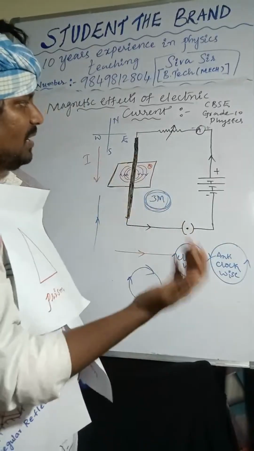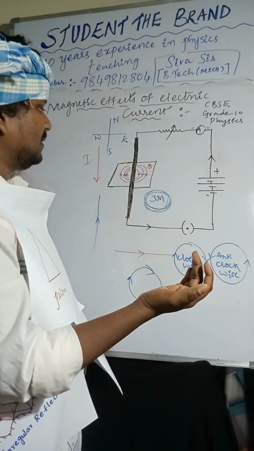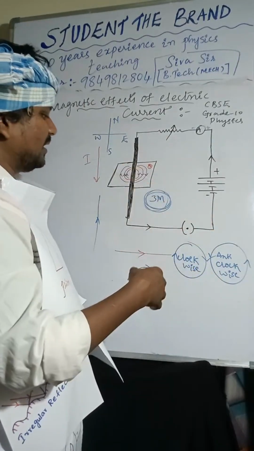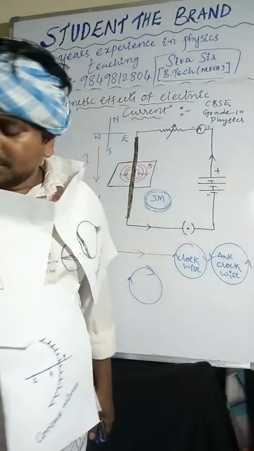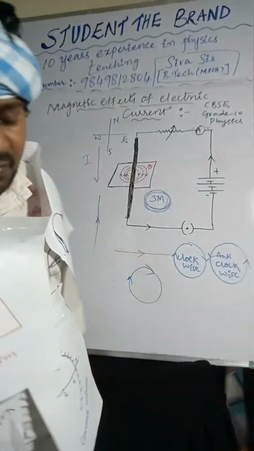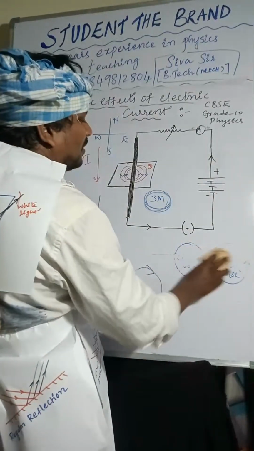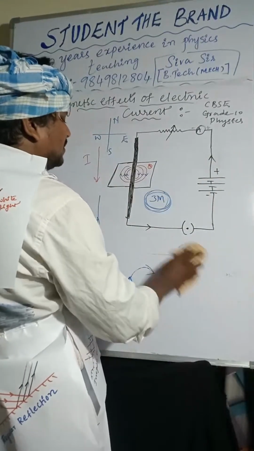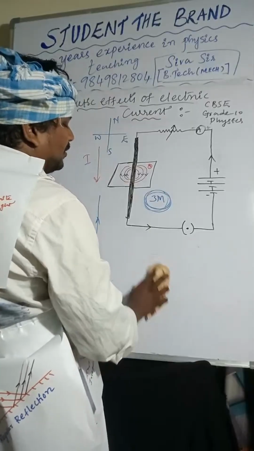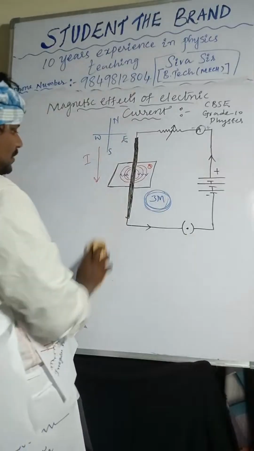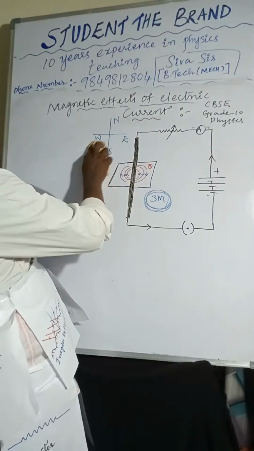I hope it is very clear to you all regarding the straight conductor. We should know how to identify the magnetic field when the current is passing in the upward or downward direction. Questions will be asked accordingly, clockwise and anti-clockwise. They may also ask above the wire and below the wire. There are a few questions related to Fleming's left hand rule too.